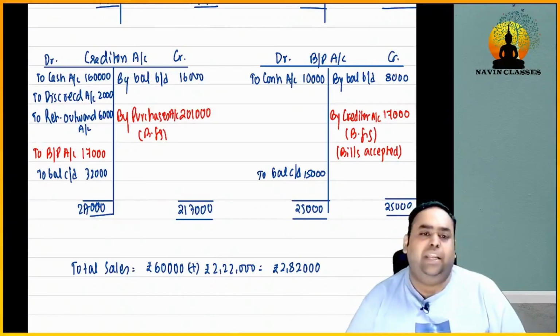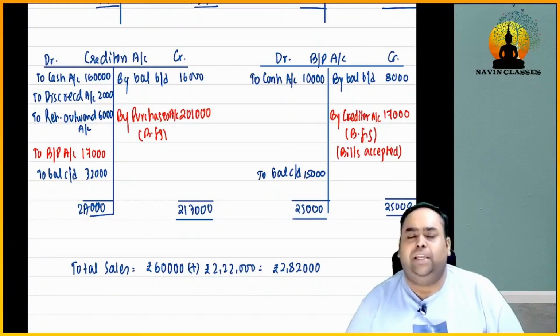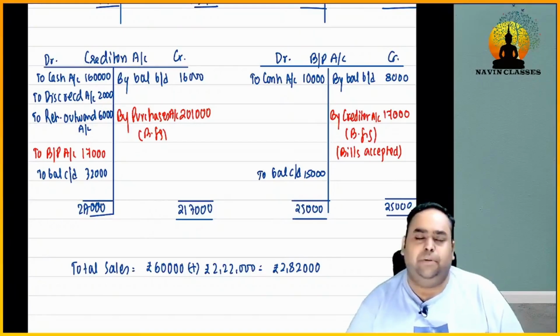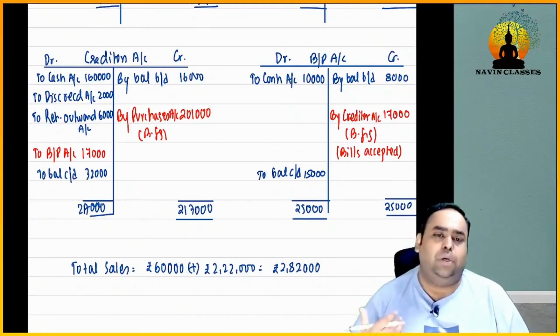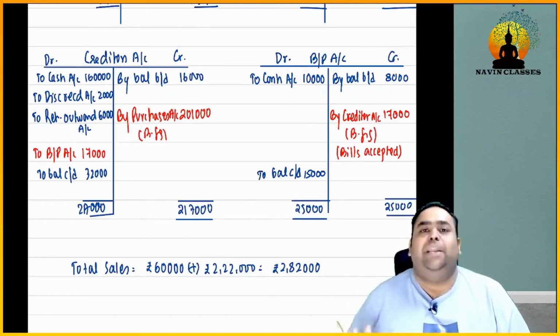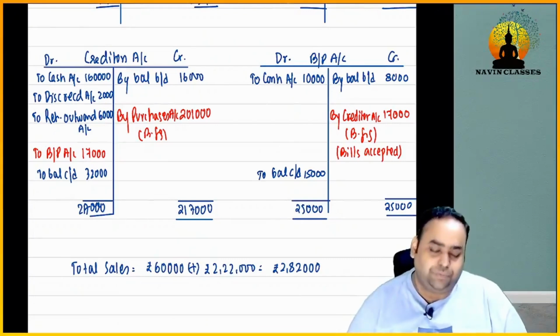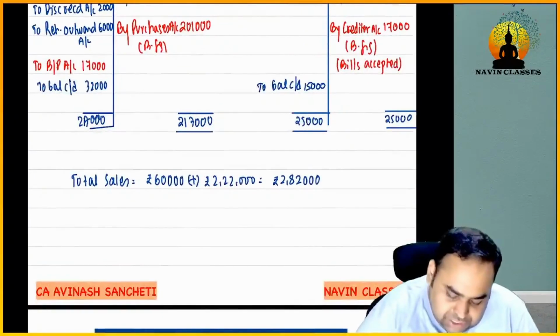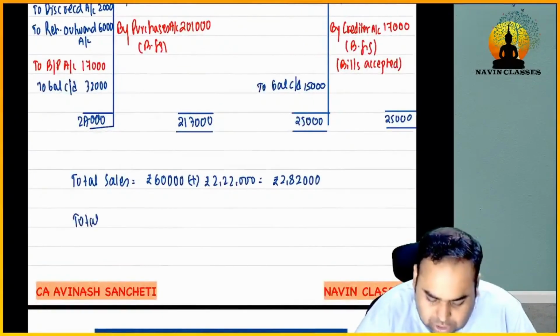So, when you are preparing the final accounts in single entry, the first thing you should know is when creating ledger accounts, don't be in a hurry, and when closing the ledgers, close secondary accounts first, like bills payable, bills receivable, etc. Then after that, close main accounts, debtors and creditors. Write total purchases.